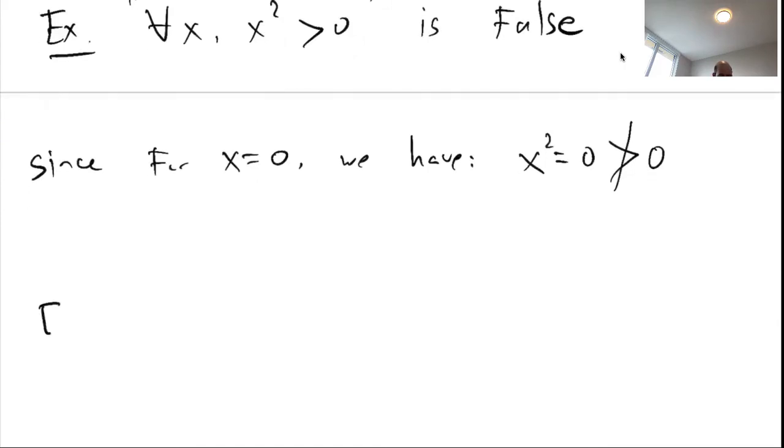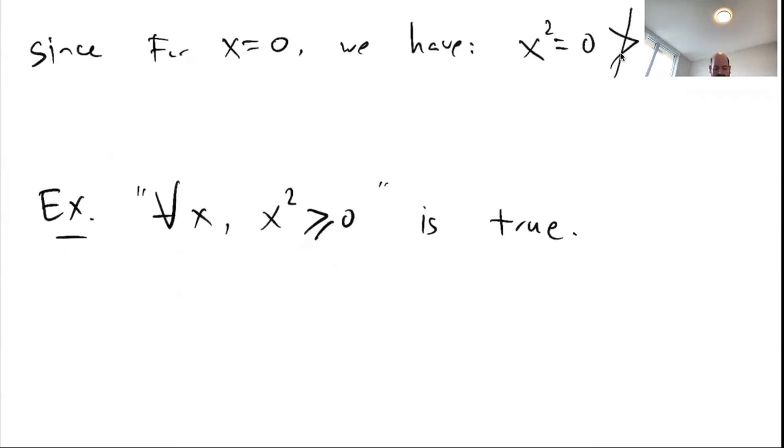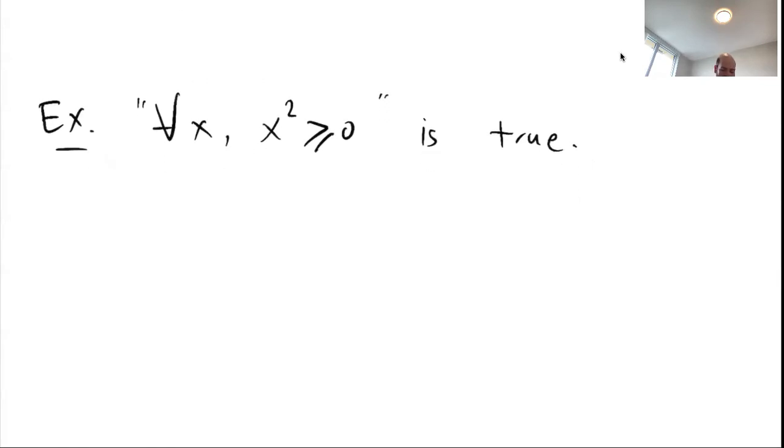Okay, but if I say, for example, for each x, x squared is bigger than or equal to 0, then this will be true, because for every real number x, x squared is bigger than or equal to 0. Okay, another important quantifier is the existential quantifier.